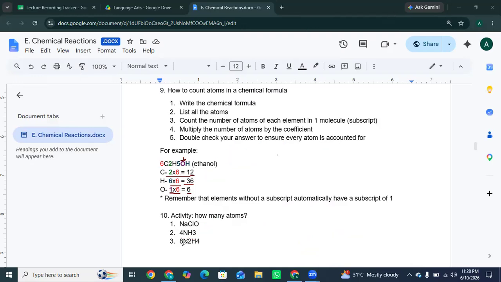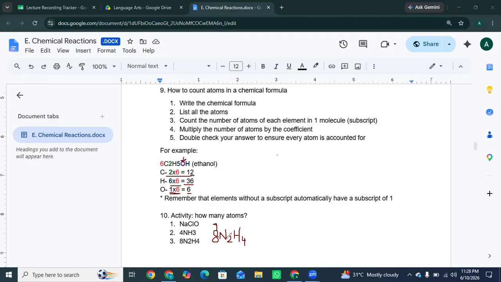Okay, so the next one is hydrazine. And the correct way to write it is 8N2H4. Okay? So the process is the same as the things we discussed in the previous activities. The big coefficient is 8, so multiply everything by 8.